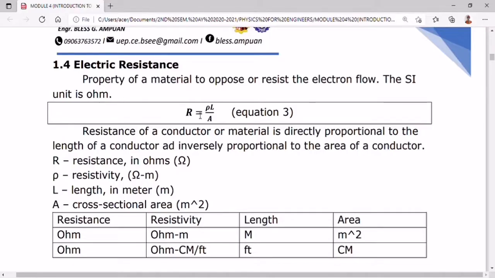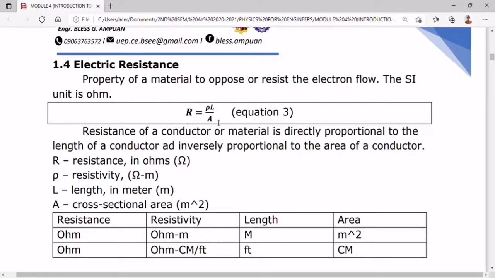We have here the formula for electrical resistance: R equals rho times L divided by A. The resistance of a conductor or material is directly proportional to the length of the conductor and inversely proportional to its area. So, the greater the length of a conductor, the greater the resistance.